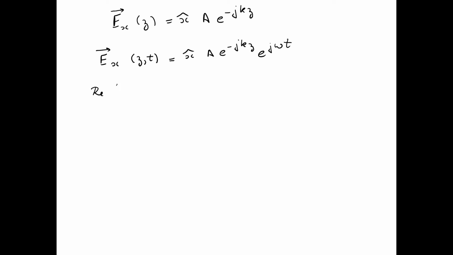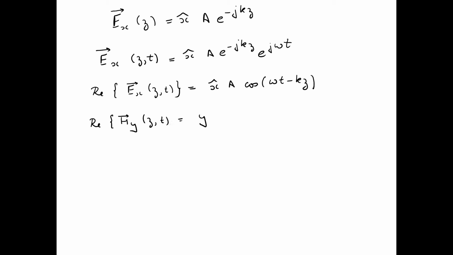If I take the real part of this wave, which is a real function that I'm working with, and assume A is purely real, this becomes A cos of omega t minus kz. And with respect to that, I would also have an H in the y direction, which would be A cos of omega t minus kz divided by my value of eta.